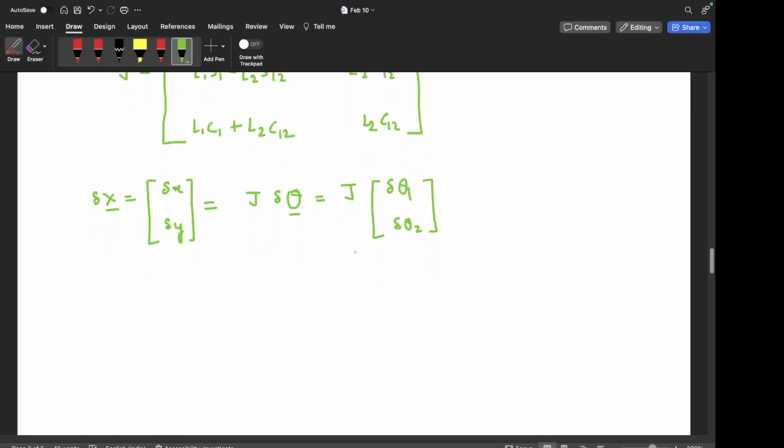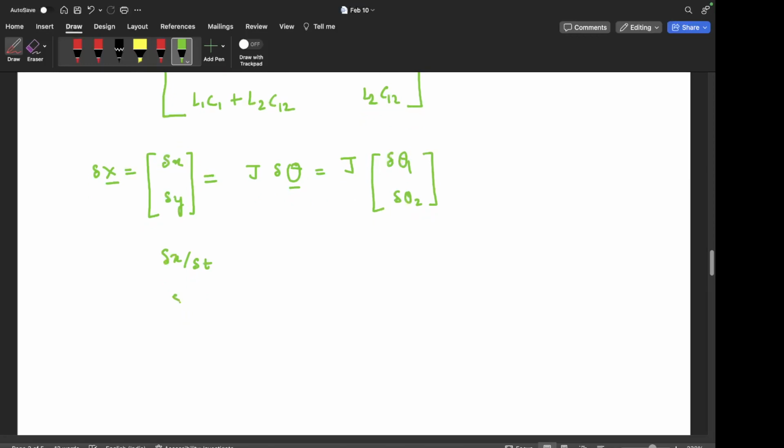So this is a small change, and if we divide both these vectors by delta t, which we can do, let's say a small change occurs in a delta t time, it is equal to J times delta theta 1 divided by delta t, delta theta 2 divided by delta t.